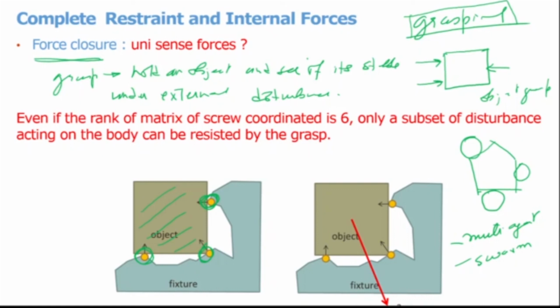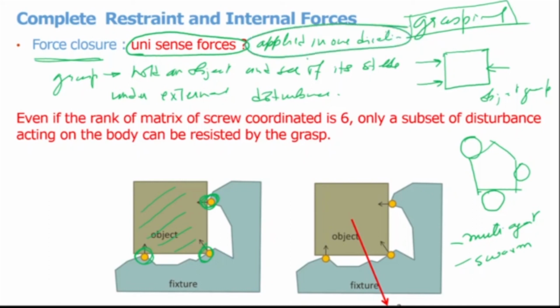When you're catching an object using multiple hands or multiple robots or multiple swarms, we need to understand that the forces are unisense forces. Forces can be applied only in one direction. Please keep this in mind. Looking at this contact condition, the force can be applied only in this direction.